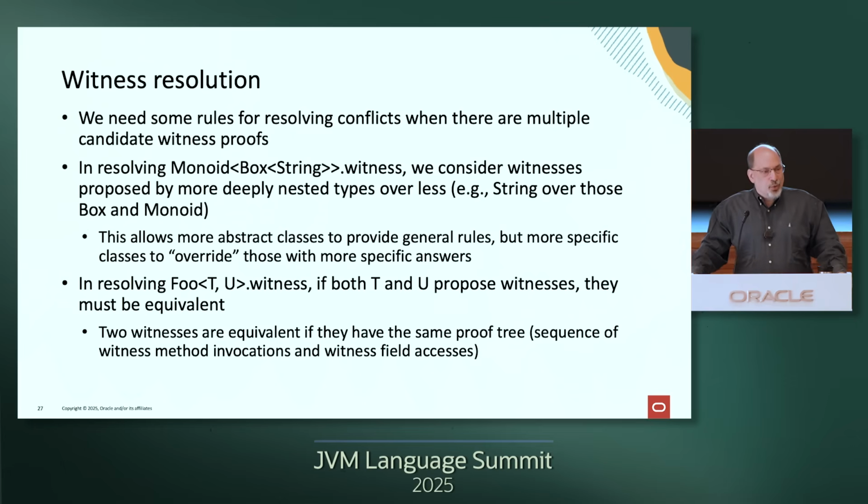And they're kind of at the same level in the tree, so one doesn't have priority over the other, but because a witness is a proof tree, and we can compare proof trees structurally, it's perfectly fine if integer and long both have an opinion, if it's the same opinion, and we have a well-defined way to say, is it the same opinion? Do they have the same proof tree?